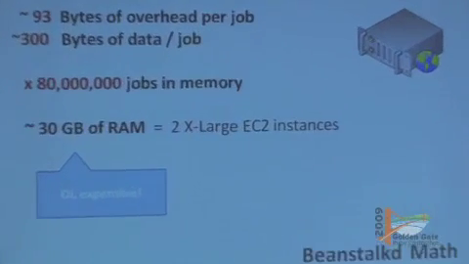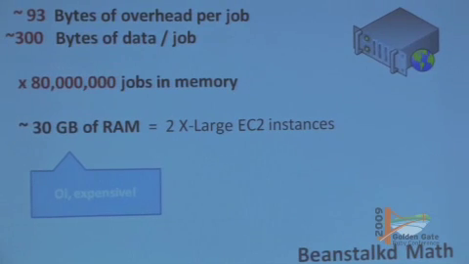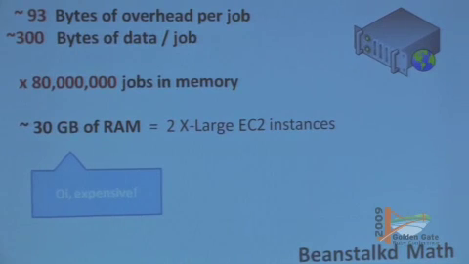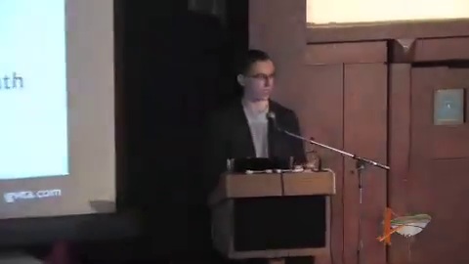It works out to be about 30 gigs of memory, which is equivalent to 2 extra large EC2 instances, which are 16 gigs each. I don't know about you, but that's pretty expensive, right? It's $1,600 or so just to store 80 million jobs in memory. And unfortunately, as awesome as Beanstalk is, it doesn't have any kind of disk-based fallbacks, so it's all in memory. That's how they make it fast.